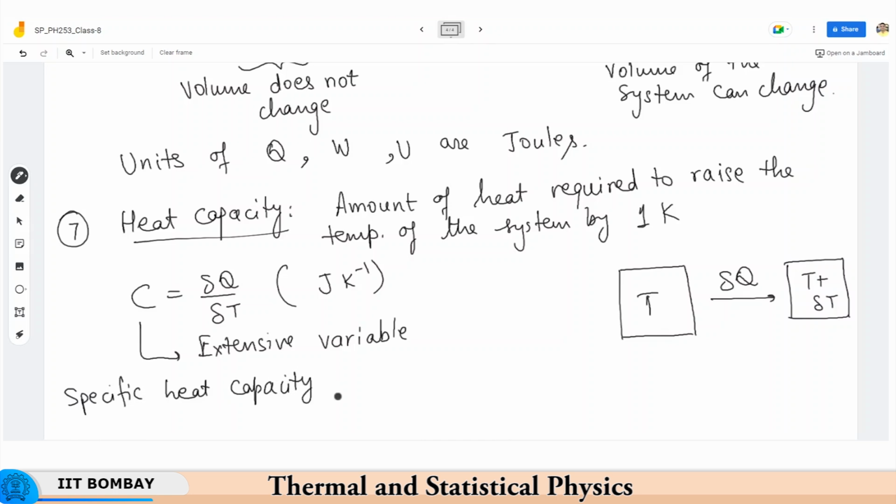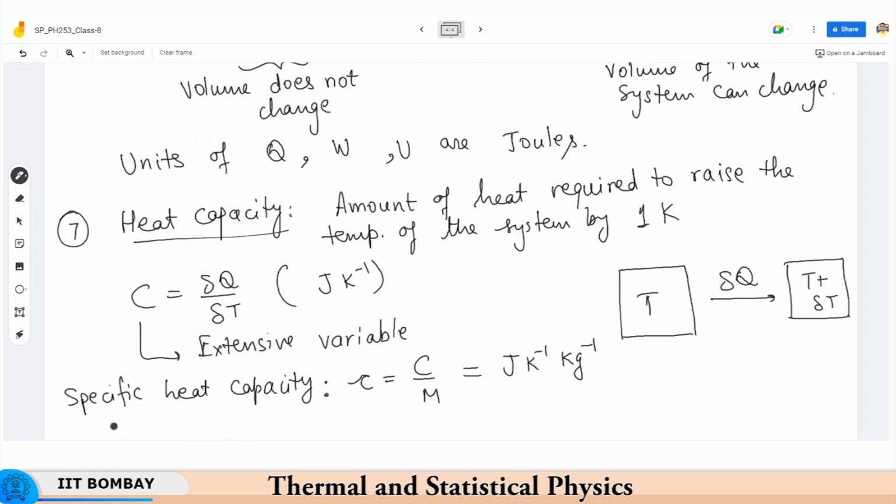This is denoted by the symbol small c, which is capital C divided by the total mass of the system, for example. So I'm just scaling it with the system, and this typically has units of joule per Kelvin per kilogram.